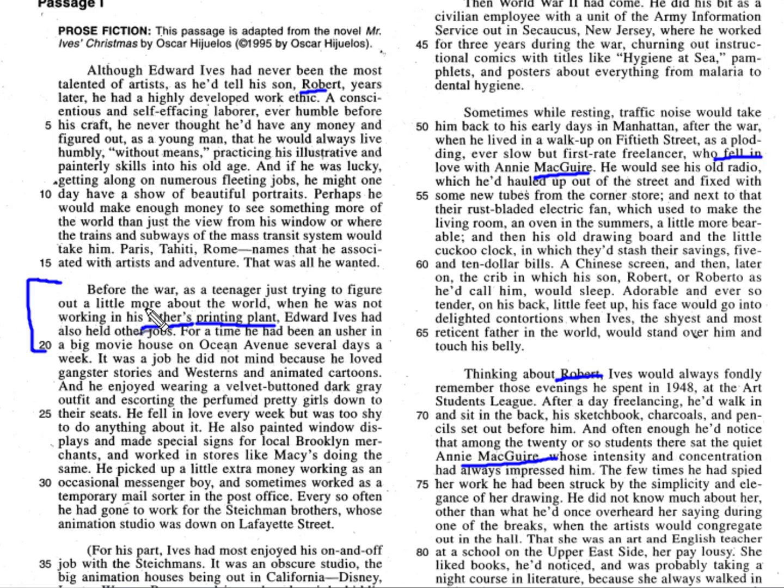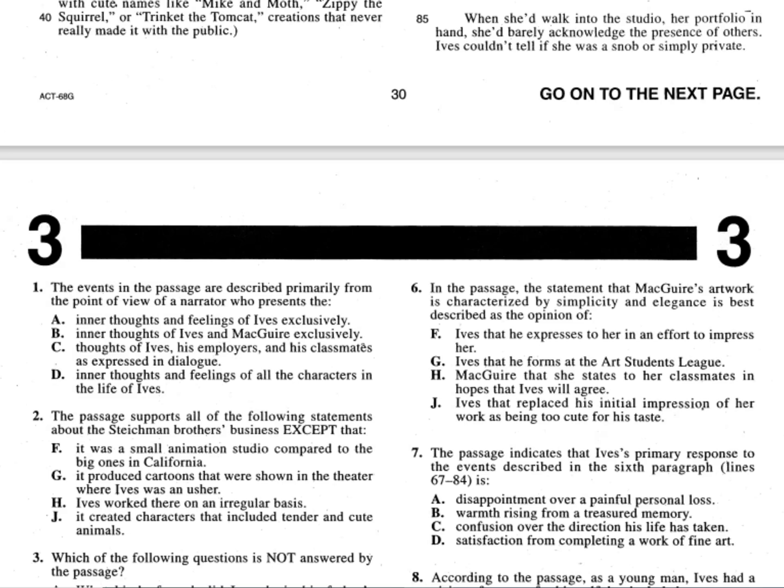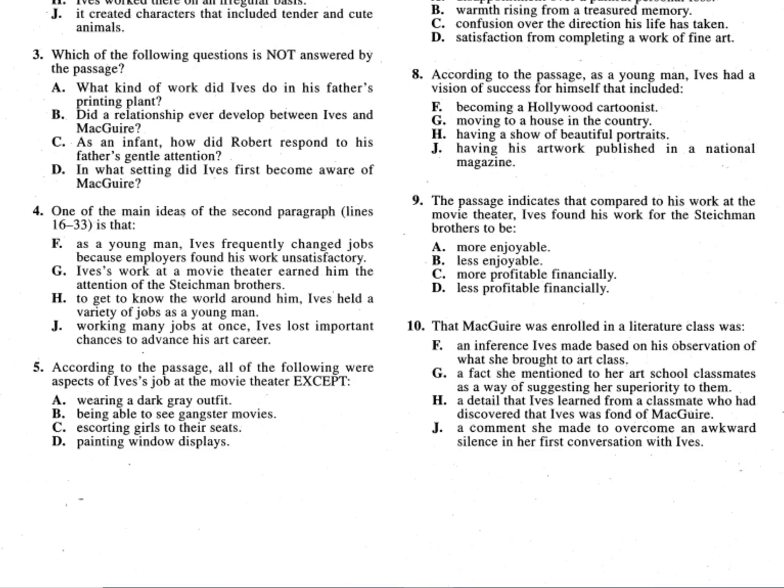Before the war, trying to figure out what was going on. When he was not working in his father's plant, all right? So right away, the kid never worked in the printing plant, and that's why, even though it says printing plant, the question is not asking us about that. It's asking about which one is not answered. What kind of work did he do in the printing plant?